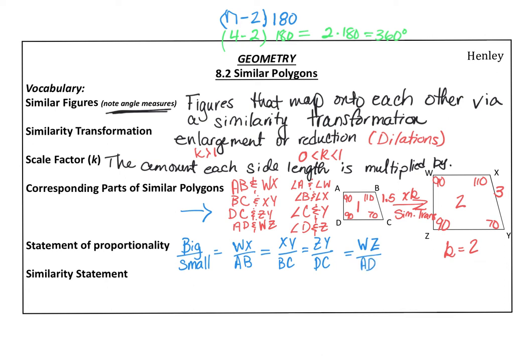Now that covers our four sides. All of those will simplify down to the scale factor. So our similarity statement in this one would be that ABCD, which is our shape, is similar to WXYZ.